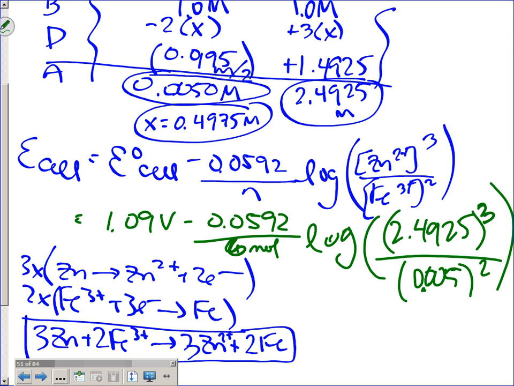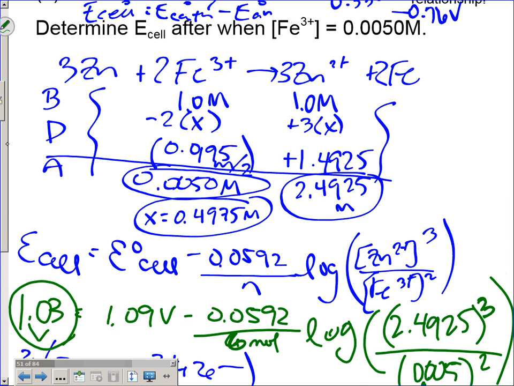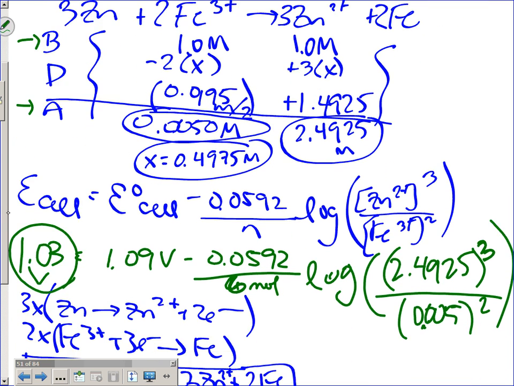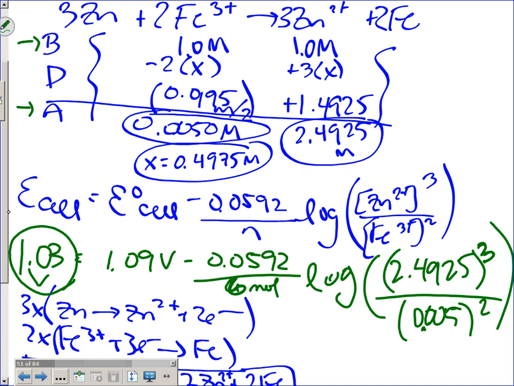1.03. Oh, and I didn't even ask you guys to predict. Dang it. Okay, so this is 1.03. Can somebody explain qualitatively why that made sense? Initial concentrations? Fine, I'll go for it, Courtney. Because the concentration is going up in the end, so it has to shift back.